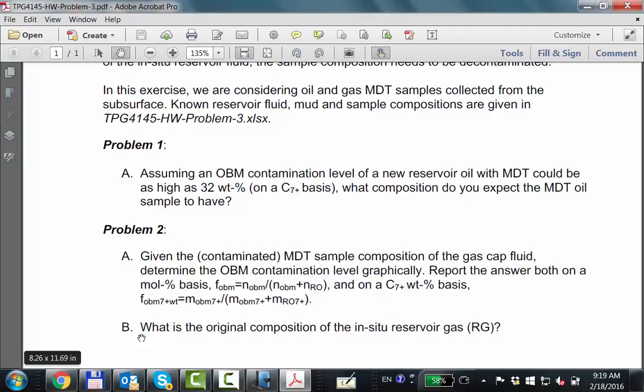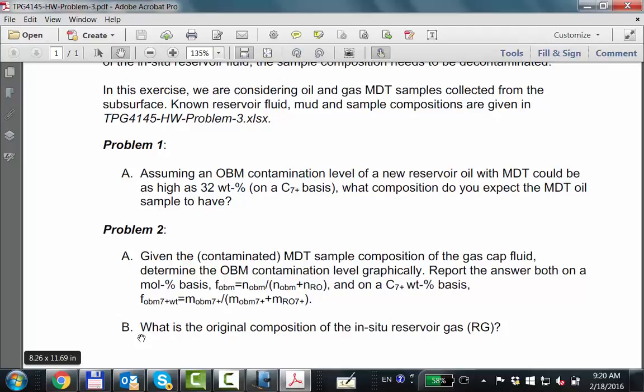They sampled from the gas cap, they sampled from the oil, they give all the detailed compositions, and of course they weren't using this kind of tool back then, but we're trying to construct with the in situ reservoir sample compositions that they gave, what would a sample today look like if it was contaminated? Okay, so that's what this problem is about.